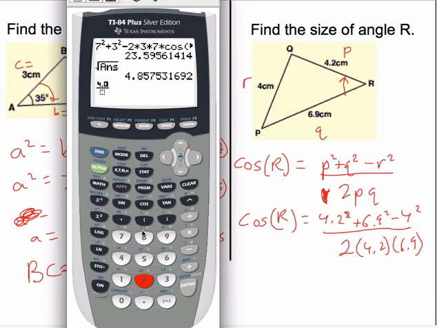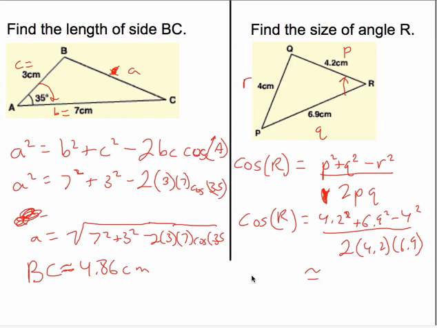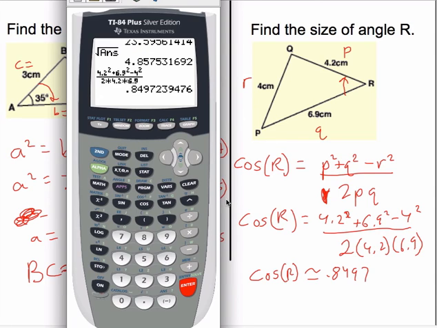So 4.2 squared plus 6.9 squared minus 4 squared in the numerator, then 2 times 4.2 times 6.9, and I get 0.8497.